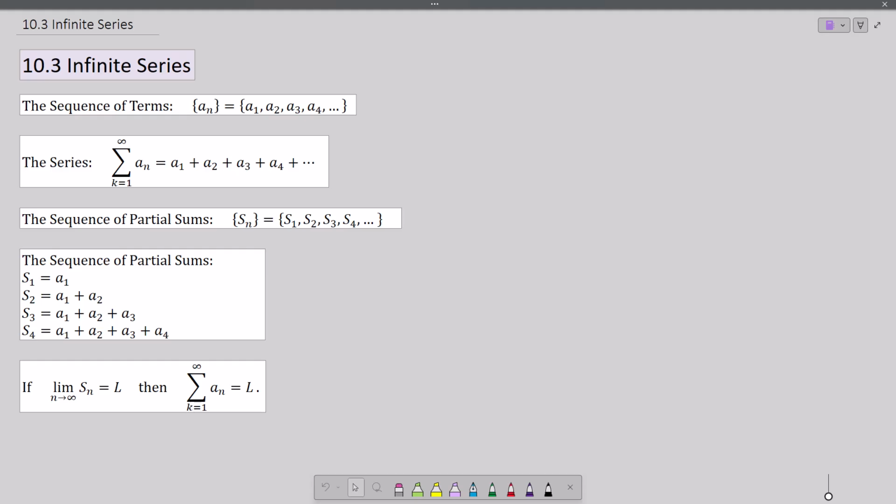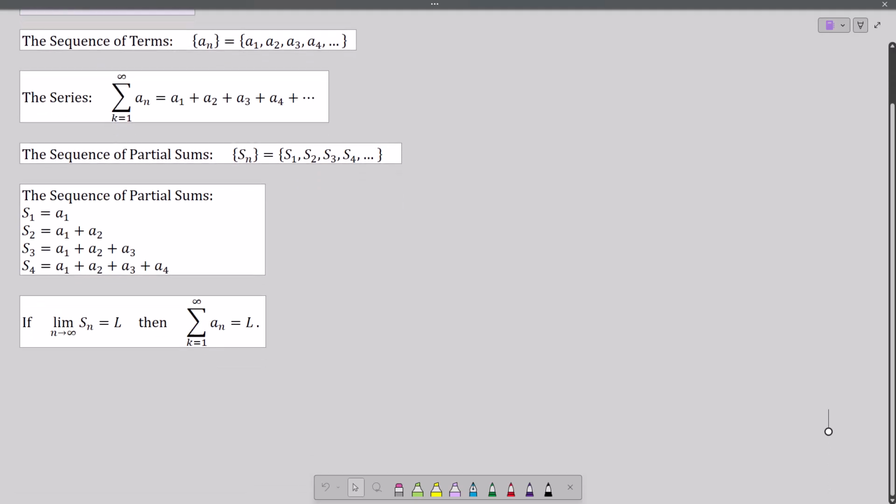number of them together. So, like we talked about on Tuesday, there's two sequences. There's the sequence of terms. You add your sequence of terms together to get your series. So the series is the sum of your sequence of terms. But to analyze whether this series converges or diverges, we build this other sequence called the sequence of partial sums.